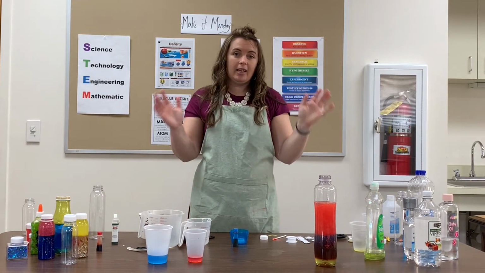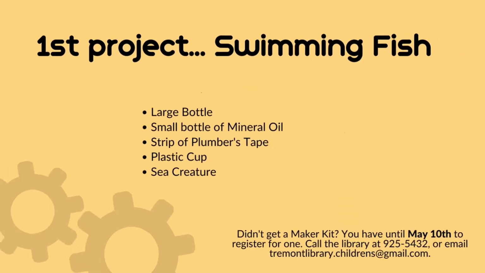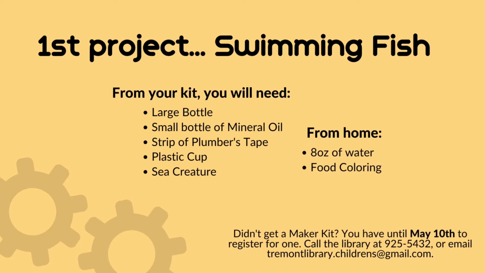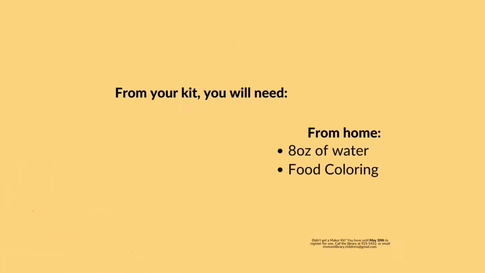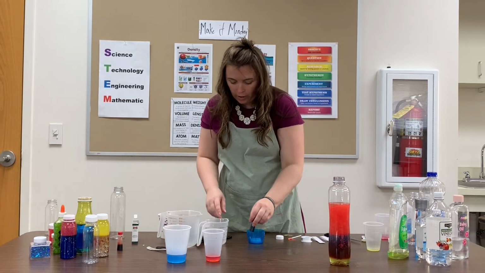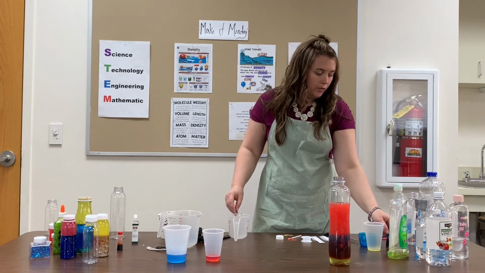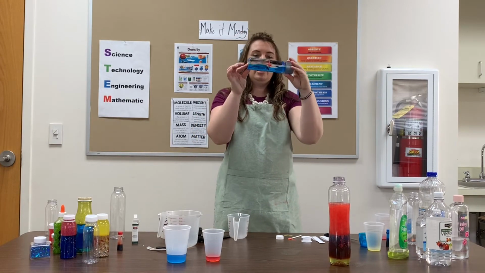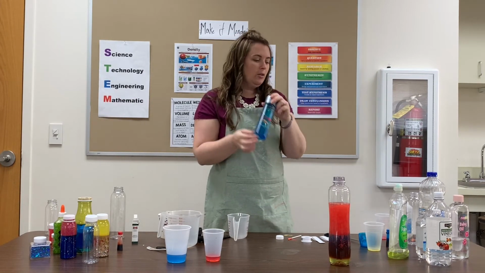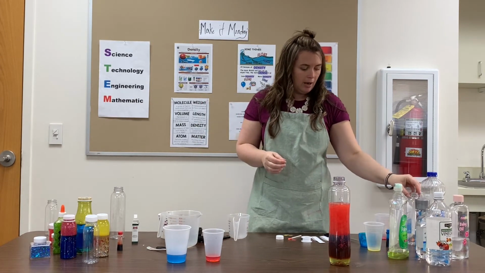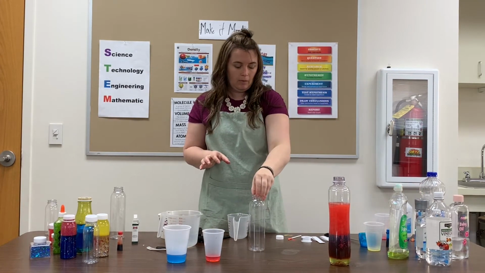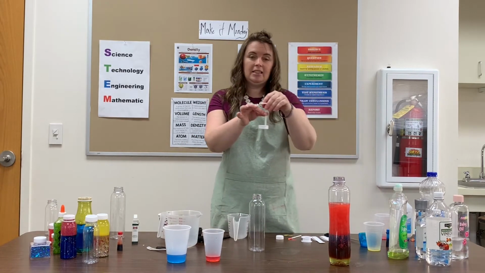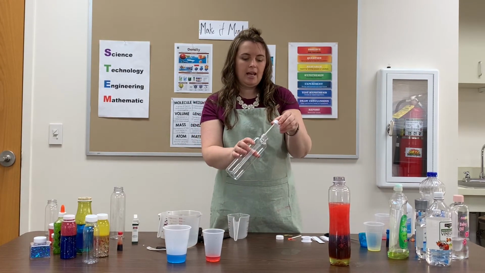Next is our kits. Okay, for your 5 to 7, your first kit, we're going to make water and a fish flow through. So out of your kit, you will need your big bottle, and you need this lid, which will be attached to it.